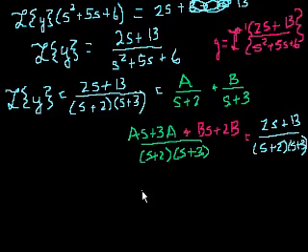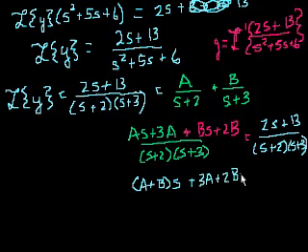So we have as plus bs, plus 3a plus 2b is equal to 2s plus 13. So the coefficient on s on the right-hand side is 2. The coefficient on the left-hand side is a plus b. So we know that a plus b is equal to 2.